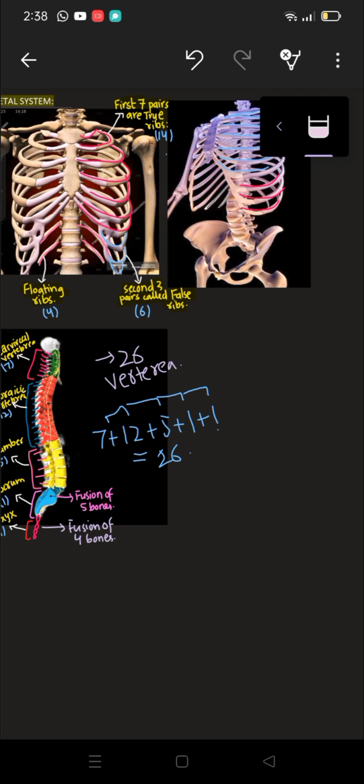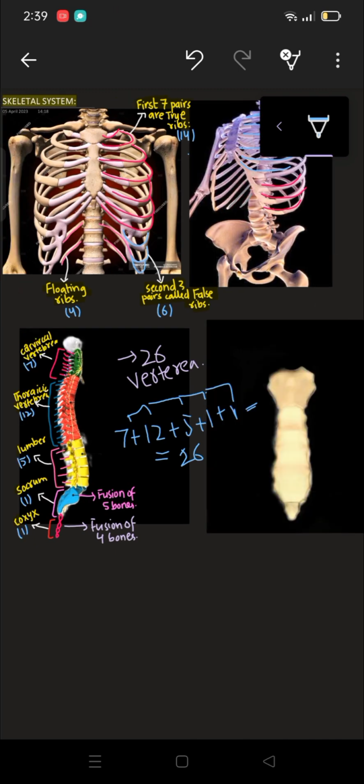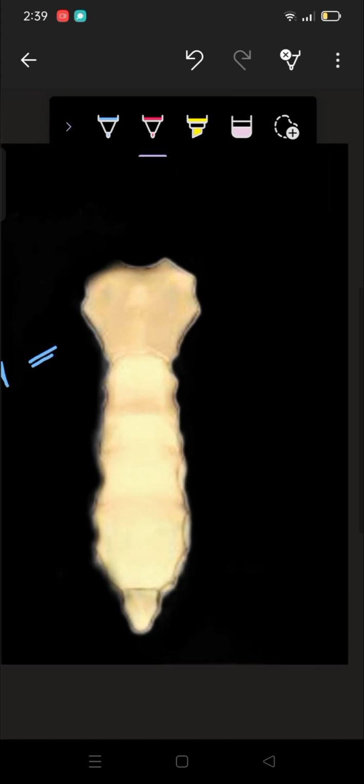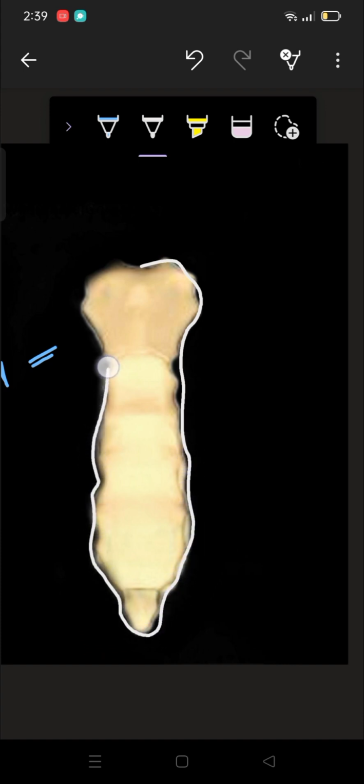So now we are going towards another structure so that we can count the bones of that as well. Now let's see the structure of sternum, as we do have a sternum here. Let me highlight that so that it can be more visible to you, so that I can label this diagram now.